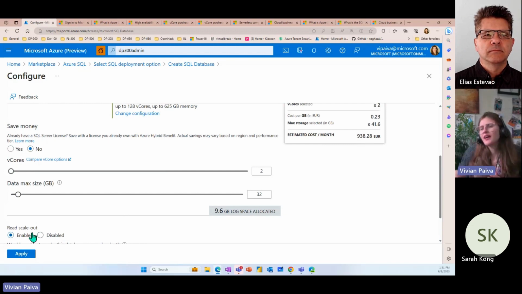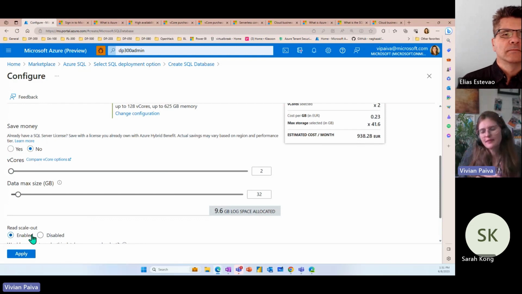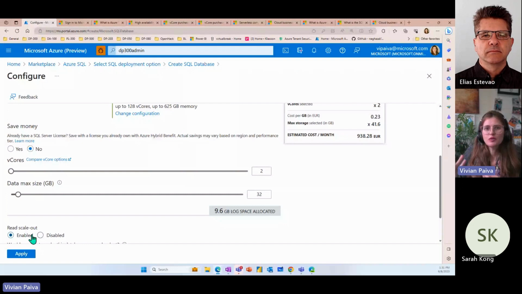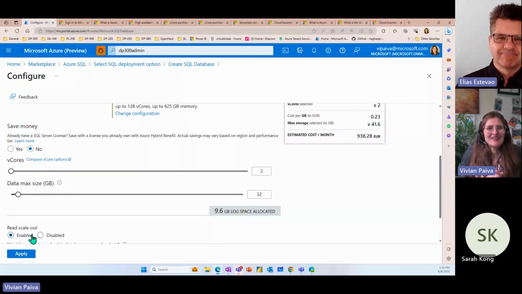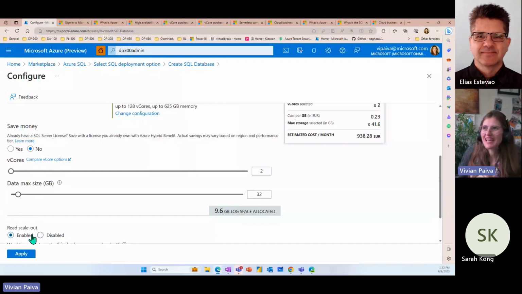So super helpful if you have some load that's just reading from your system. You could use that application intent read only to take advantage of one of these replicas that we use for giving you the SLA for this kind of deployment.